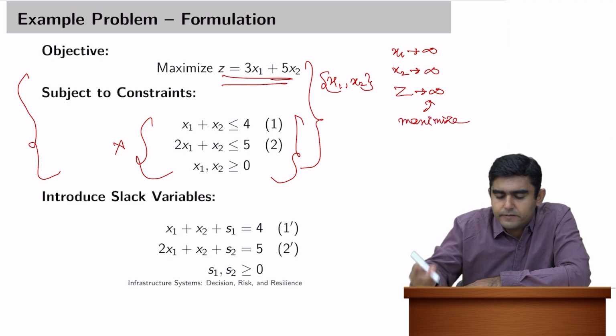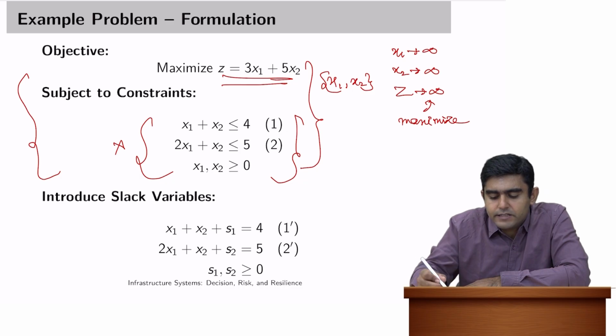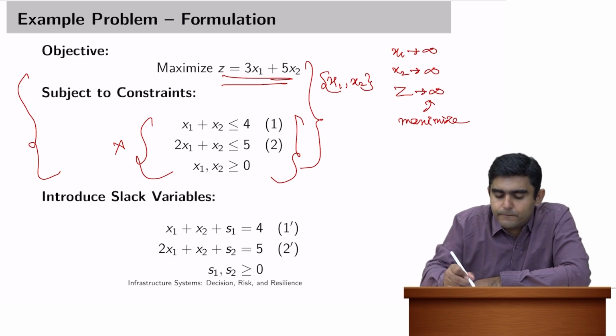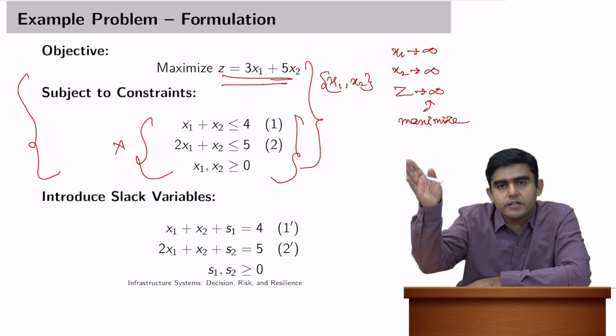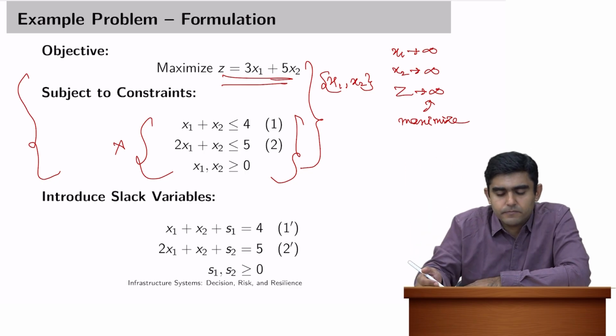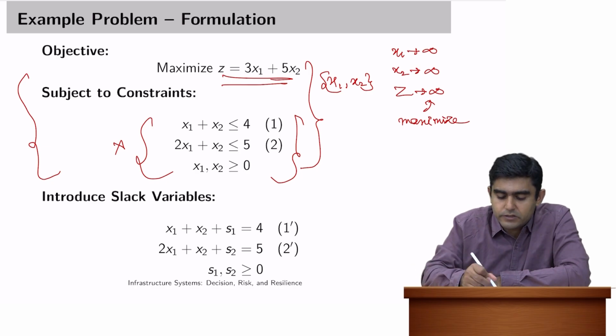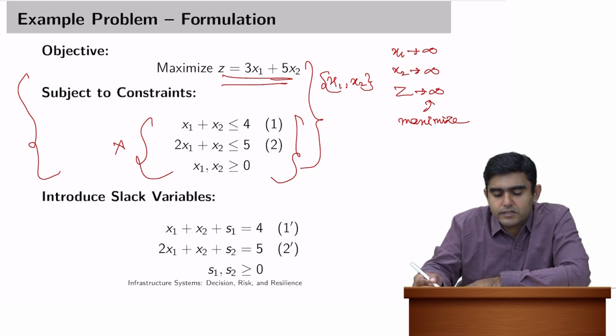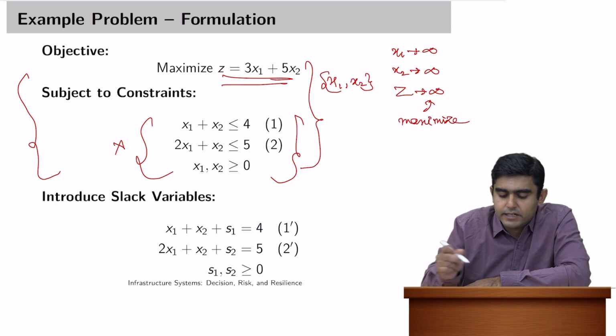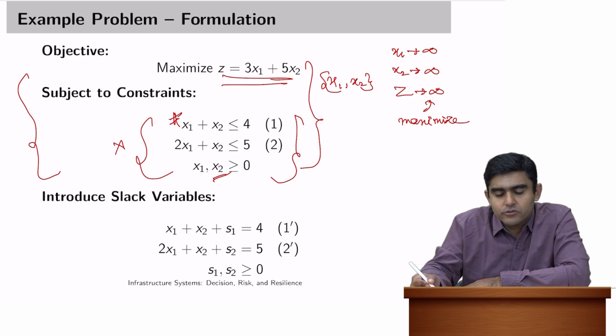You are absolutely right. x1 and x2 should increase from 0 values towards infinity to increase the value of this function. However, what is preventing our scaling to infinity are these two constraints that are present. The first one being x1 plus x2 less than or equal to 4, and the second one is 2x1 plus x2 less than or equal to 5. So let us say that I make x1 5. I would immediately violate this constraint because x2 is not allowed to be less than 0. So what does that mean?